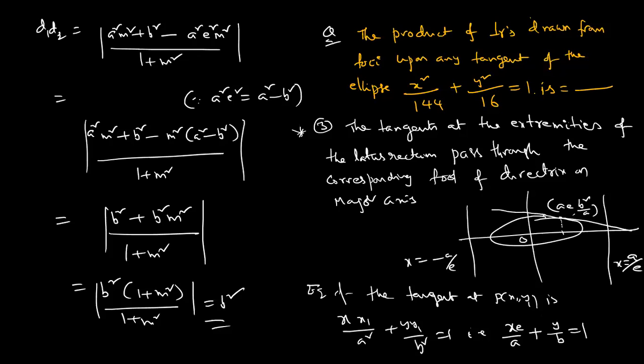Put y is equal to 0. What is the answer coming? Definitely satisfying. See, like that we can verify. Put y is equal to 0. Yes, y is equal to 0, x is what? a by e. So this point is exactly on the directrix. This is 90 degrees.